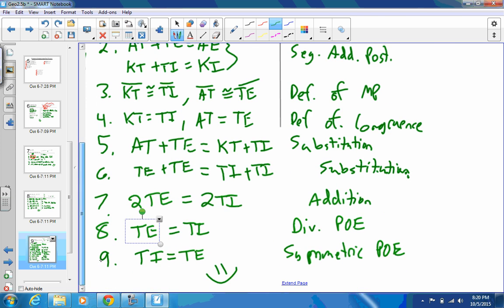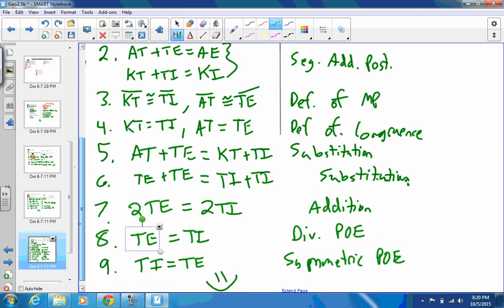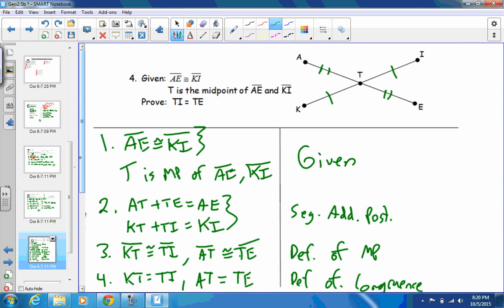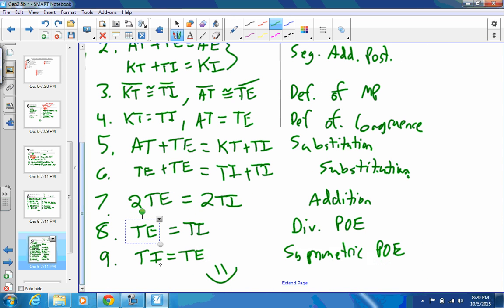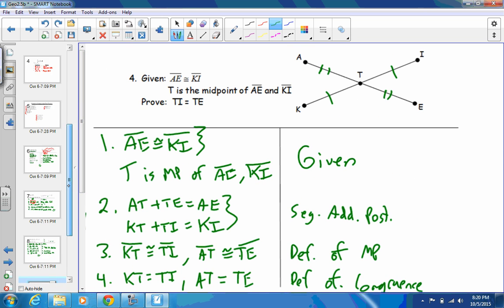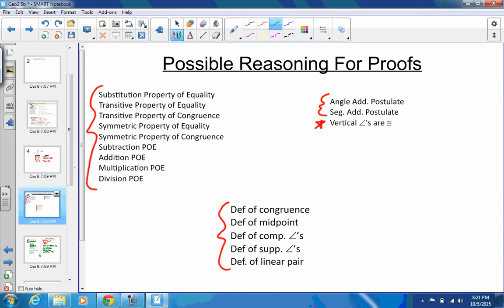Now if you look at all that, that was 9 steps. There might have been a way to get it in fewer steps, but you do need most of this information to prove that TI equals TE. It takes a while, and you got to know your properties, your postulates, and your definitions here because we use them all. Okay, so take that all in.